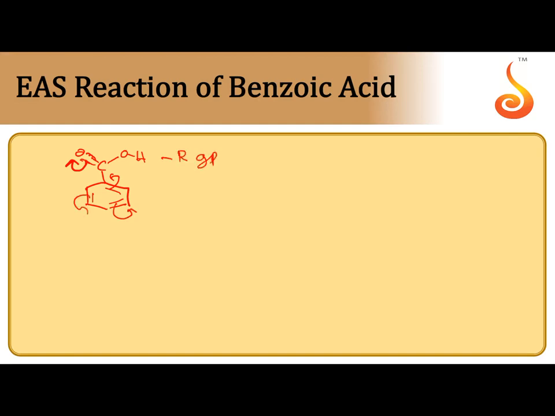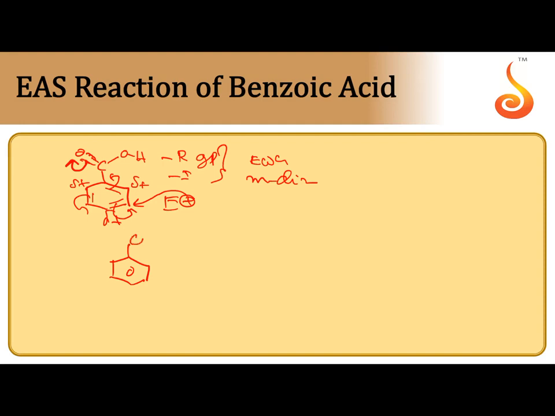So it acts as a minus R group as well as a minus I group. So it is an electron withdrawing group. Since it is withdrawing electron density from ortho and para positions, the incoming electrophile obviously attacks at the meta position. So the COOH group acts as a meta directing group.